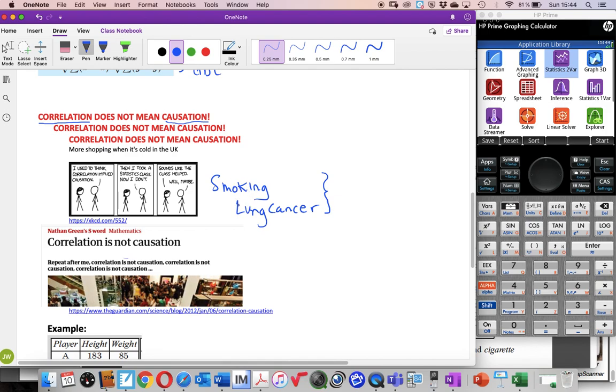But to actually prove that smoking does cause lung cancer took literally decades. It's something that we take as natural these days, but this was a very, very long political process with lots of statistical crunching behind it, okay? So please do take that as a warning.